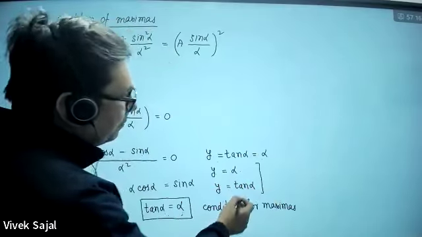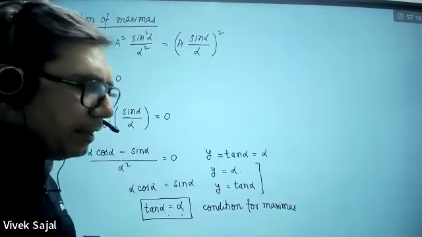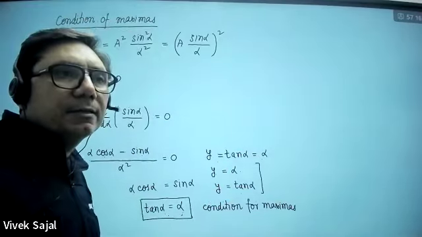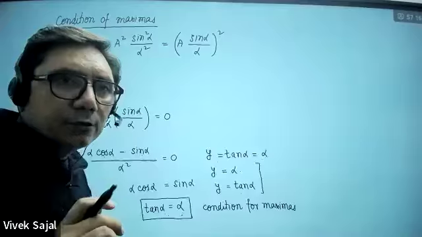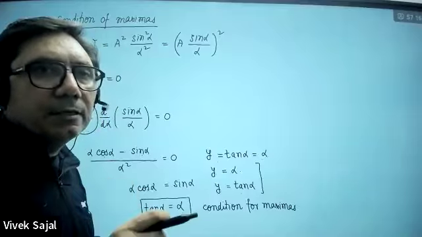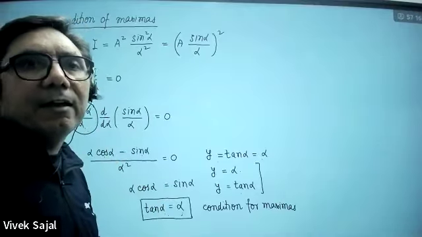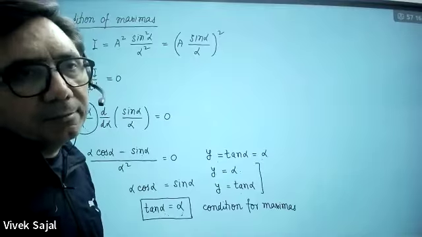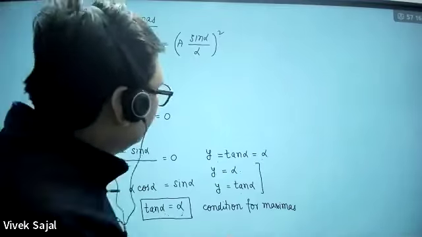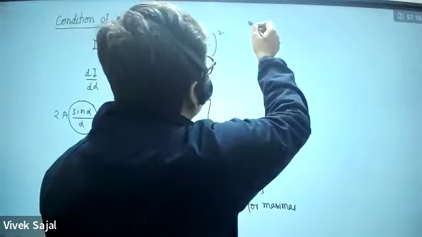Now plot these two equations, and wherever they intersect, that will be the solution, the point that provides the value of alpha corresponding to maxima.